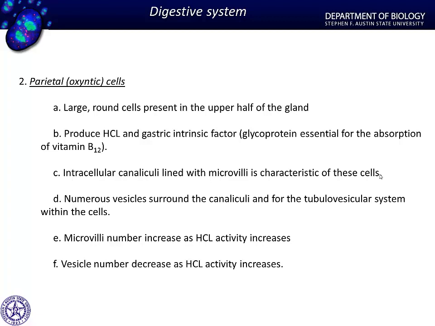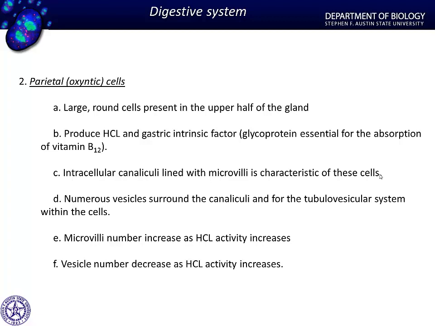These are just enfoldings of the plasma membrane down into the cell. So you create this environment sort of within the cell that is really external environment where this material can simply flow from the canaliculi into the gastric gland. It's not actually inside the cell. And so when we look at a picture, it'll make it a little bit easier to recognize that.